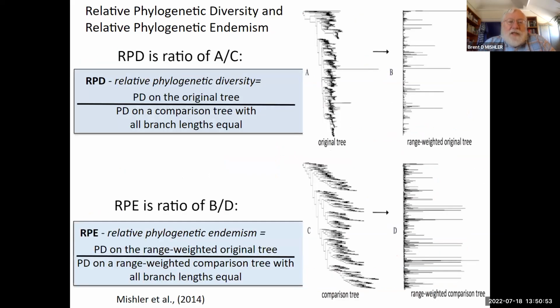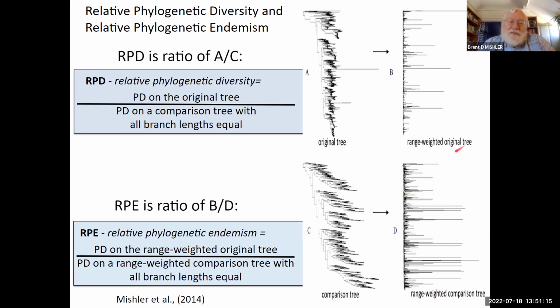Here's what the trees look like, just to give you an intuition for this data set. So above left, A, is what the original tree looks like with molecular branch lengths. And B is what it looks like range weighted.